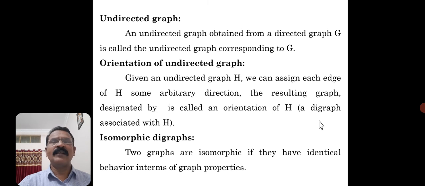Next we will think of the undirected graph. It is similar to the previous one. An undirected graph obtained from a directed graph G is called the undirected graph corresponding to G. What it implies is that you are erasing the direction of the edges, that depends on the situation.